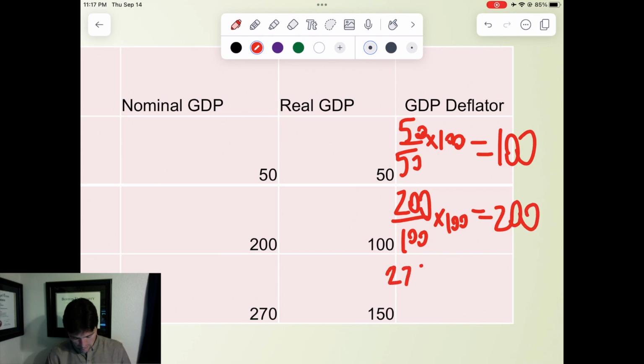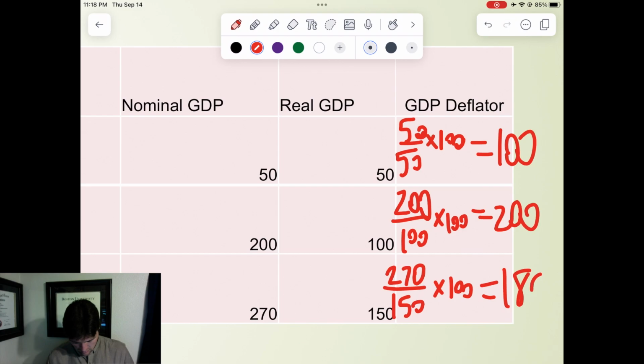And then you'll do 270 divided by 150 times 100. And again, I'm not a mathematician. 270 divided by 150 is 180.